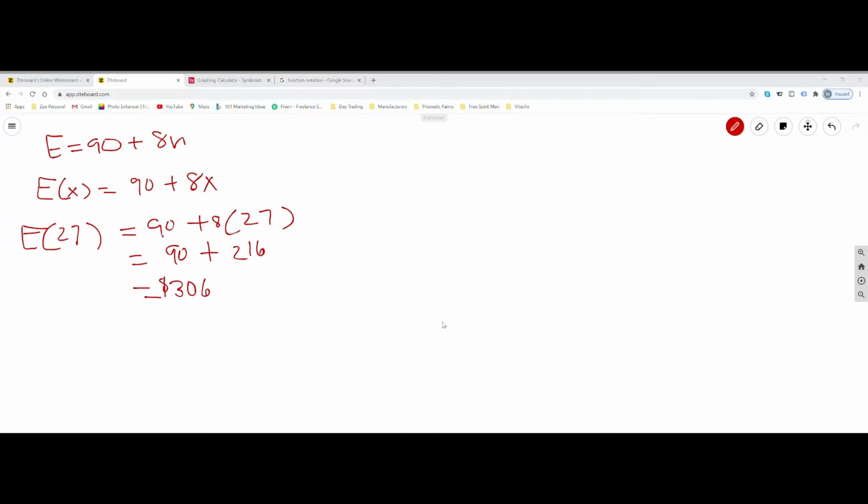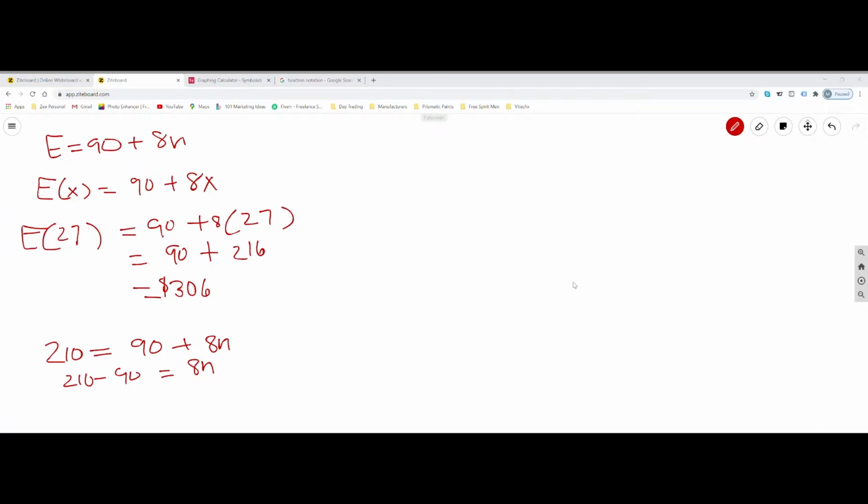Okay, and algebraically determine the value of n if E(n) equals 210. So if the earnings is 210, determine the number of bags sold. So 210 equals 90 plus 8n. So 210 minus 90 equals 8n.